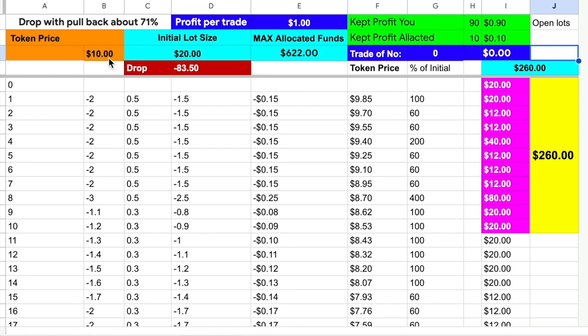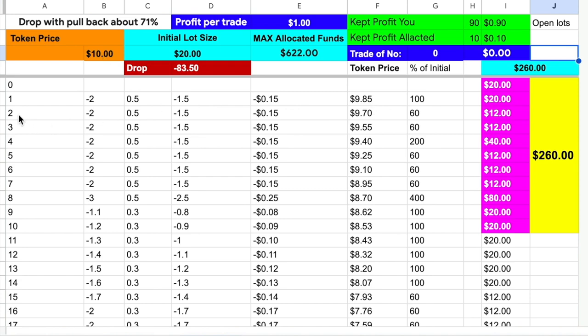Let's assume that the market moved exactly as per the settings and that the price went down by 2% and then went up by 0.5%, meaning that the bot would try to buy into the market at a drop in the price of 1.5%. So if the first trade's token price was $10, the second trade would be $9.85.